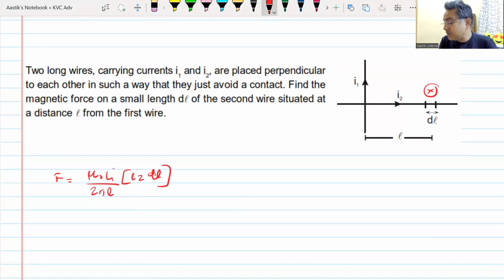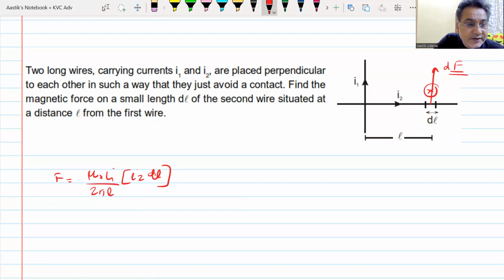Yes, sir. dl cross B, the force will be in the upward direction. The value is mu naught I1 I2 dl by 2 pi L. Do we understand this? Everyone understands this? Yes, sir.